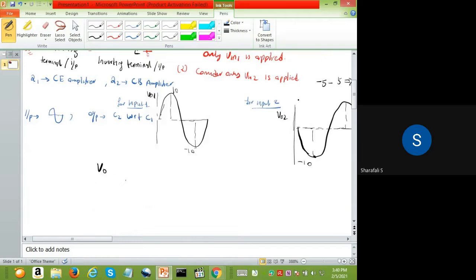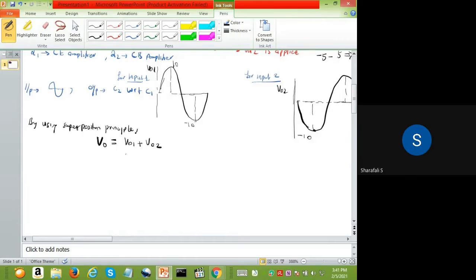V02 means the output when only input 2 is active. So the total output will be V01 plus V02 by using the superposition principle. So V0 will be equal to V01 plus V02.